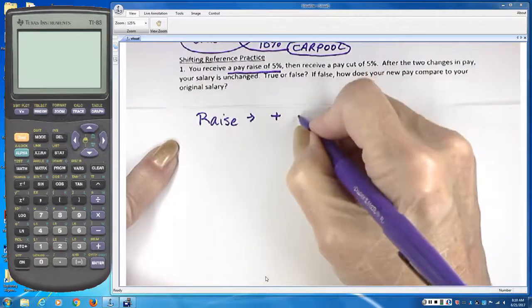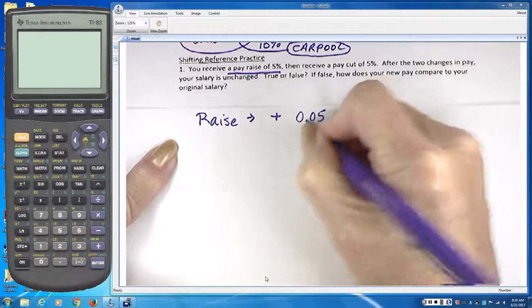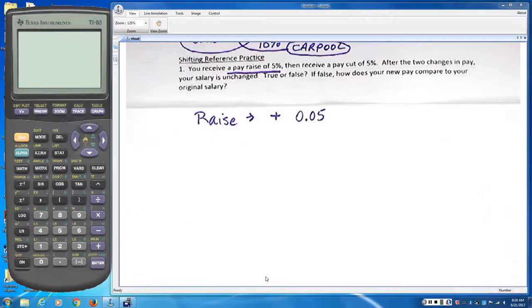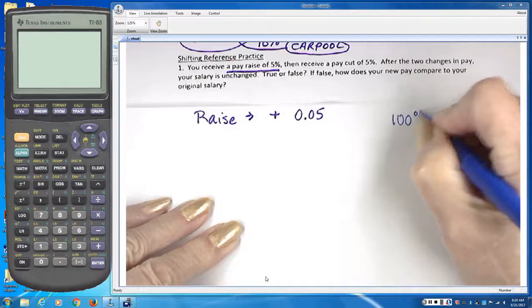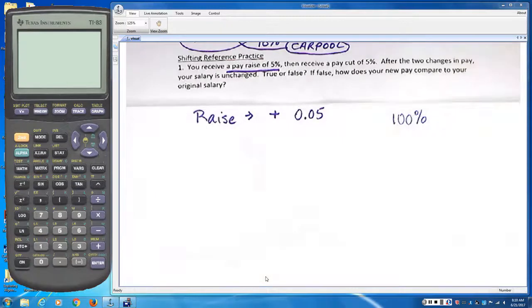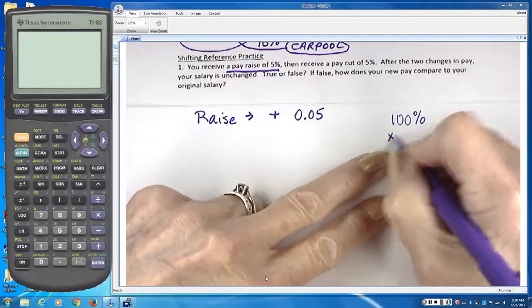And the increase, if you change it to a decimal, is 0.05. So that means that you start out with 100% of your salary. And then, since it's an increase, you multiply that times positive 0.05.